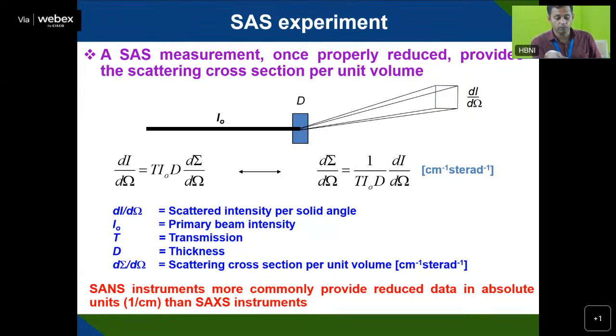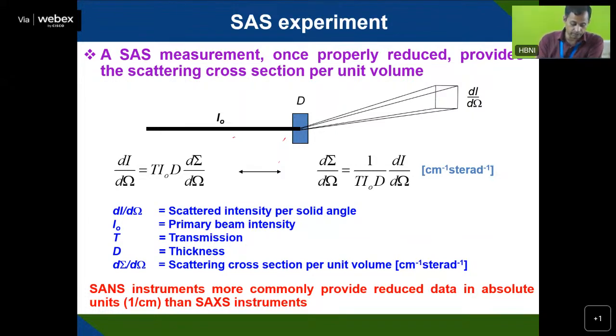In a SAXS experiment, small angle X-ray experiment, the data is properly reduced and provides the scattering cross section per unit volume. So after getting your measurement in the small angle scattering technique, you have to properly reduce it and then provide the scattering cross section. Here you can see intensity I0 is falling on the sample, and then dI by d omega is T I0 d sigma by d omega.